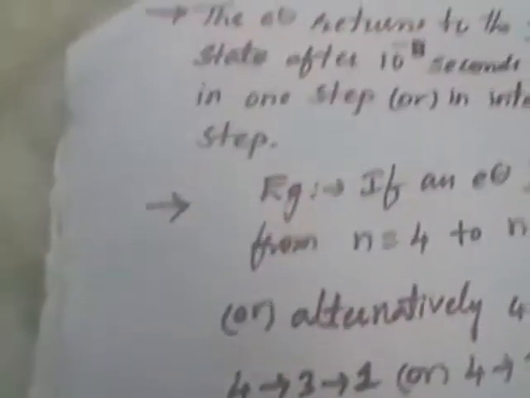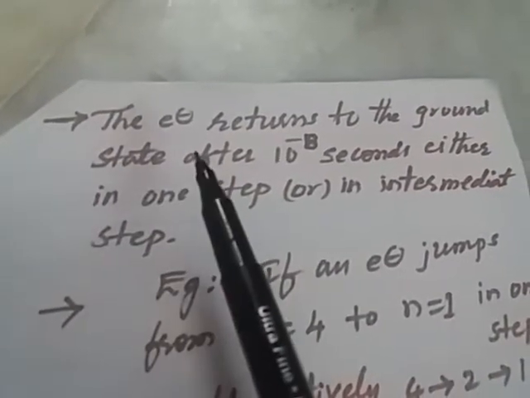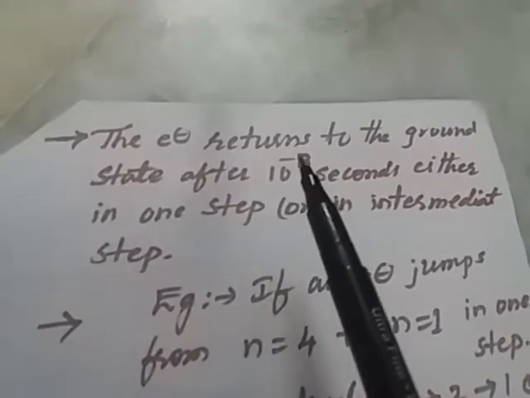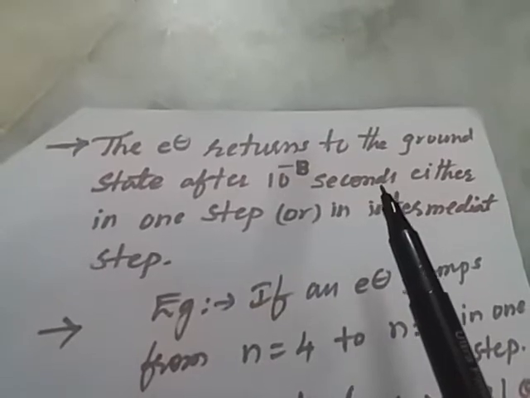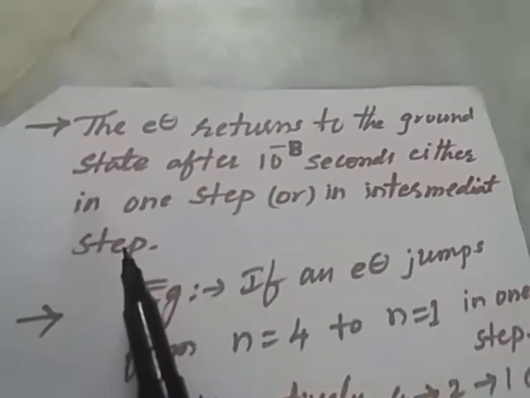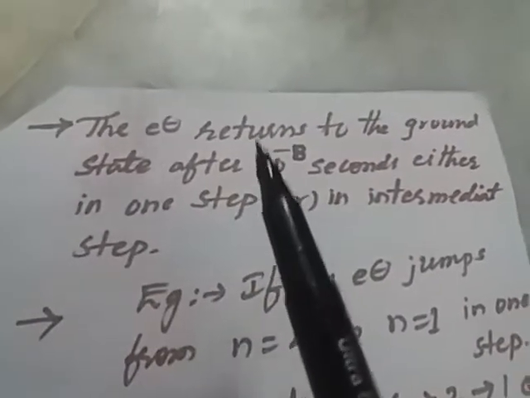Another point is that the electron returns to the ground state after 10 to the power of minus 8 seconds, either in one step or in intermediate steps.